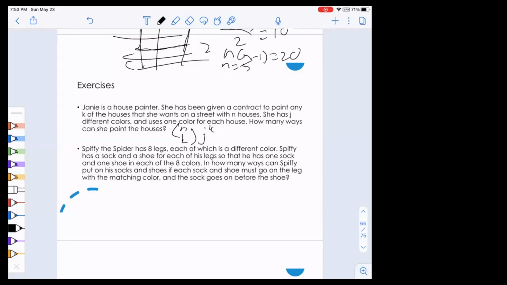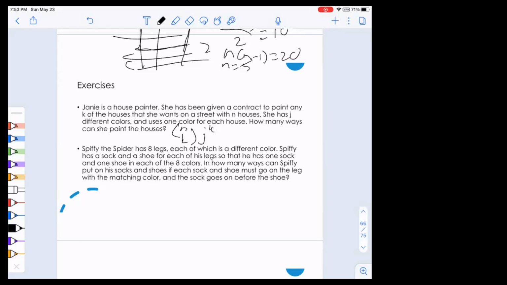Spiffy the spider has 8 legs. How many ways can Spiffy put on his socks and shoes if each sock and shoe must go on the leg with the matching color and the sock goes on before the shoe? This may seem complicated at first, but if we solve a simpler version of the problem first, you can use the same method on the harder problem.